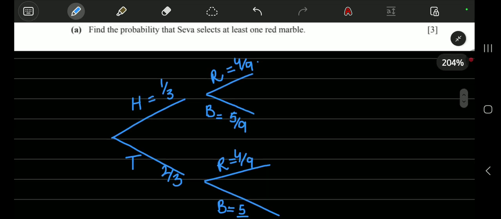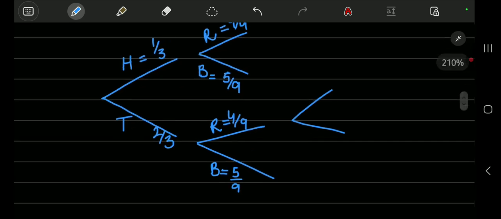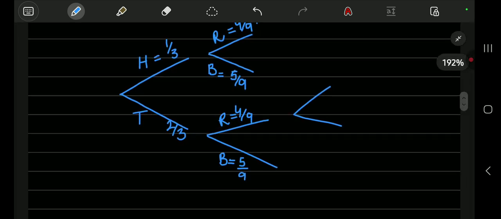And after that first marble, as he obtained a tail, he will be taking 2 marbles. So there is a second case. After the first there are 2 possible scenarios, red or blue, and if he gets first blue, then there are also the same 2 scenarios, red or blue.